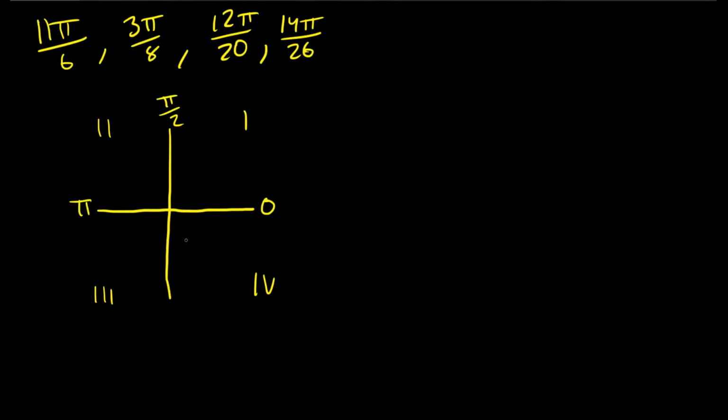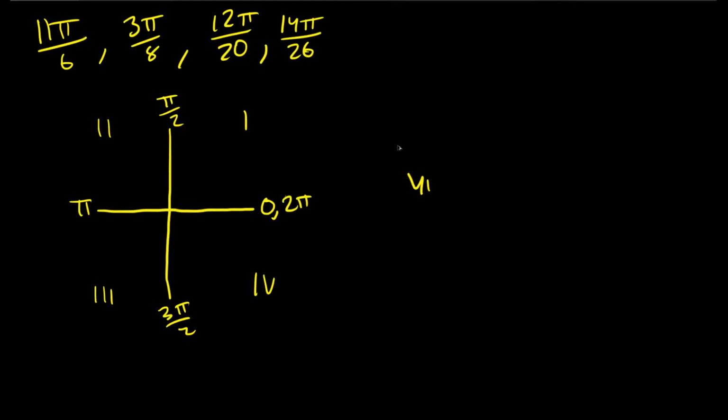This is pi, and this is 3 pi over 2, and this is 2 pi, or 4 pi over 2, which is just divided down into 2 pi over 2, because if you have 4 pi over 2, you just divide 4 by 2 and divide 2 by 2, and so it's 2 pi over 1, which is just 2 pi.